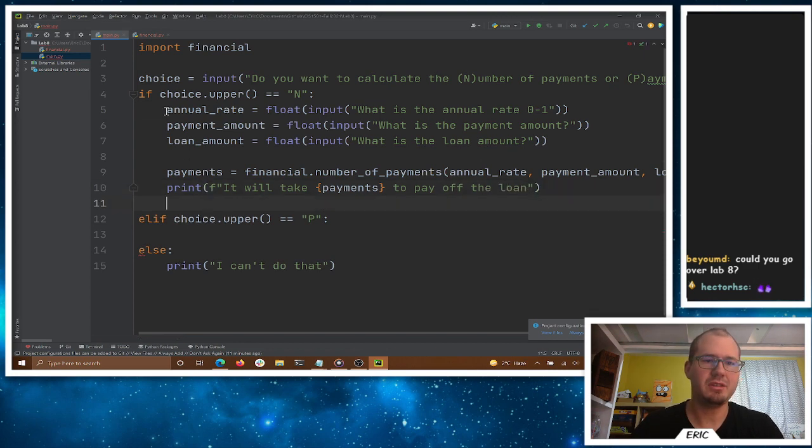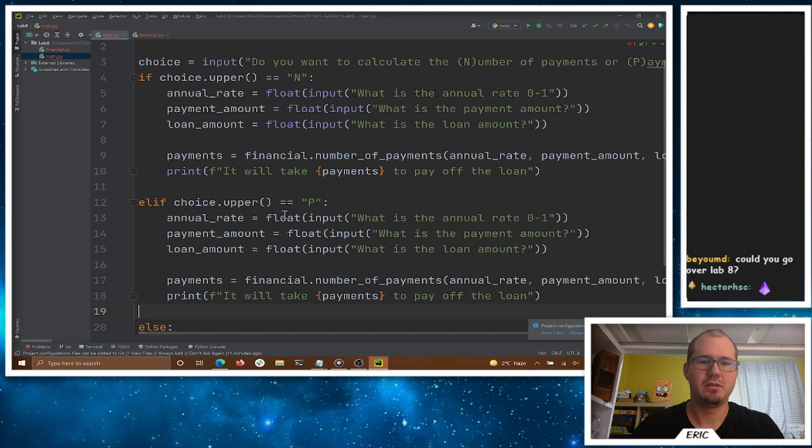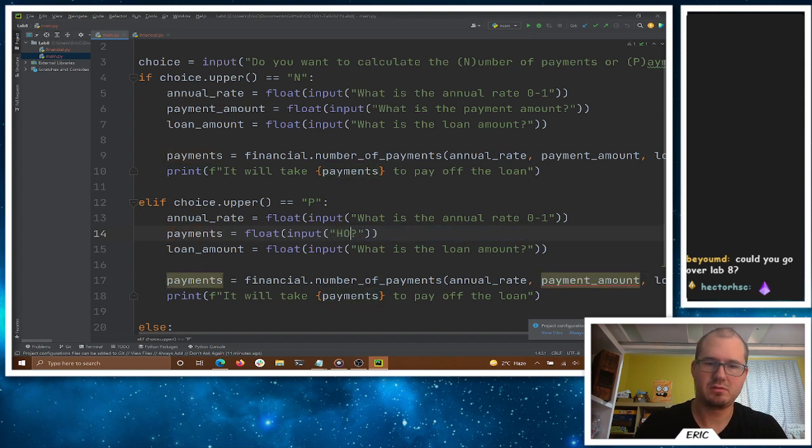Okay, same idea then for payments here. Annual rate instead of payment amount, this is the number of payments. So payments. How many payments? How many payments are you making? What's the loan amount, and then this would be the payment amount then.